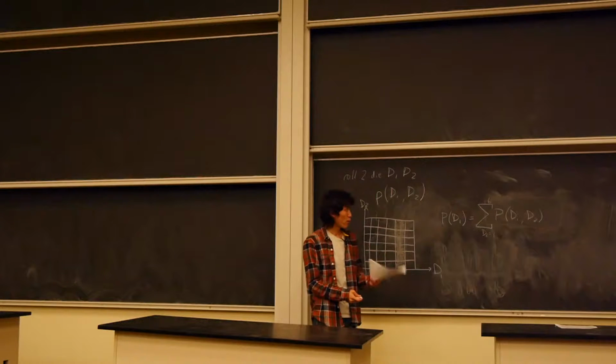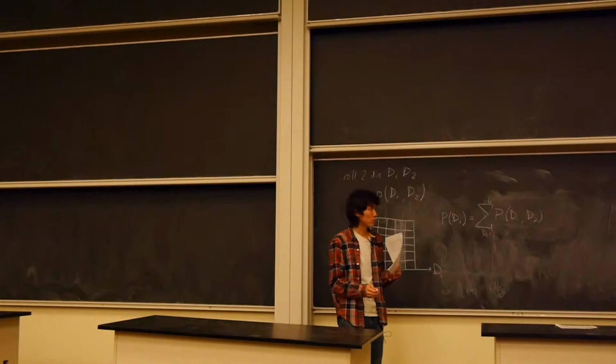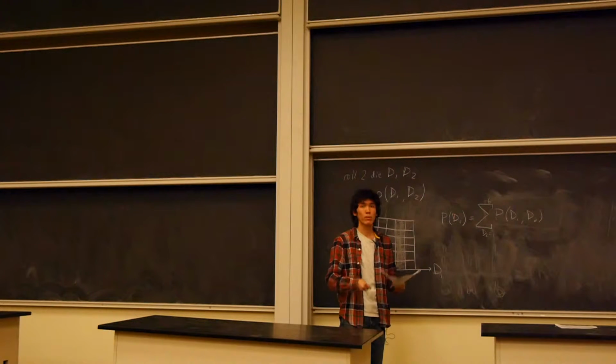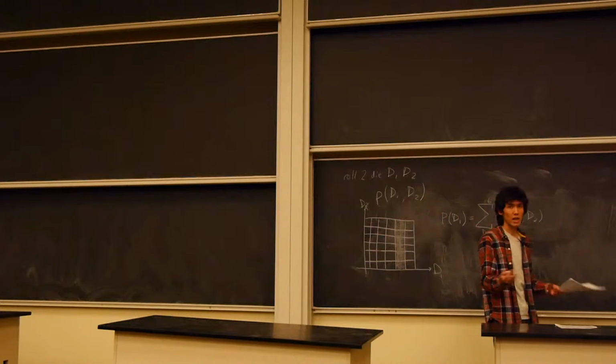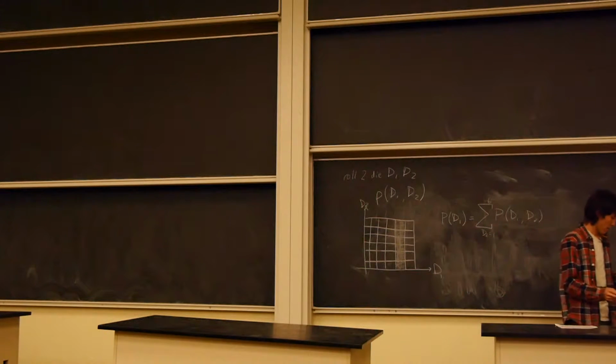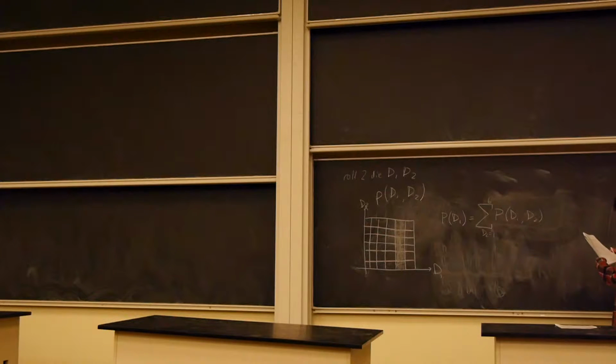Okay. So before I get to the definition of a graphical model, I want to go over the definition of a probabilistic model, a more basic concept, which we've seen a couple of times, but just to make sure we have the definition.